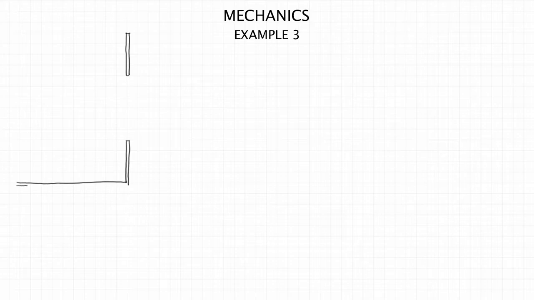Now in the third example, which deals with a portion of a fresh water tank, we will deal with a case where the length of the retaining structure is defined.